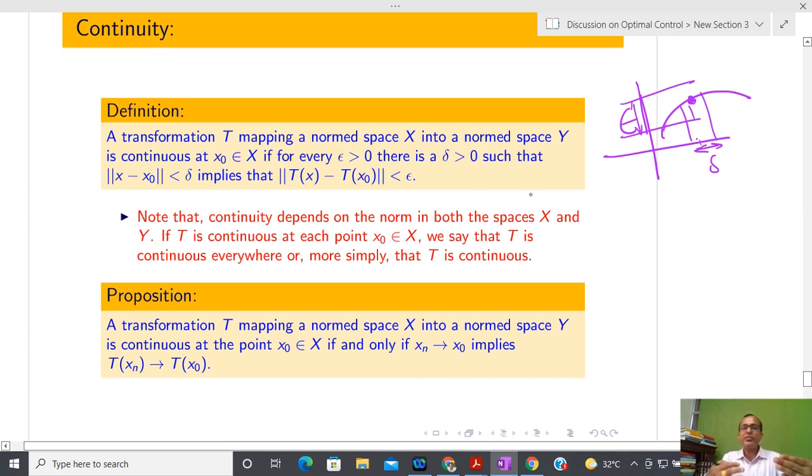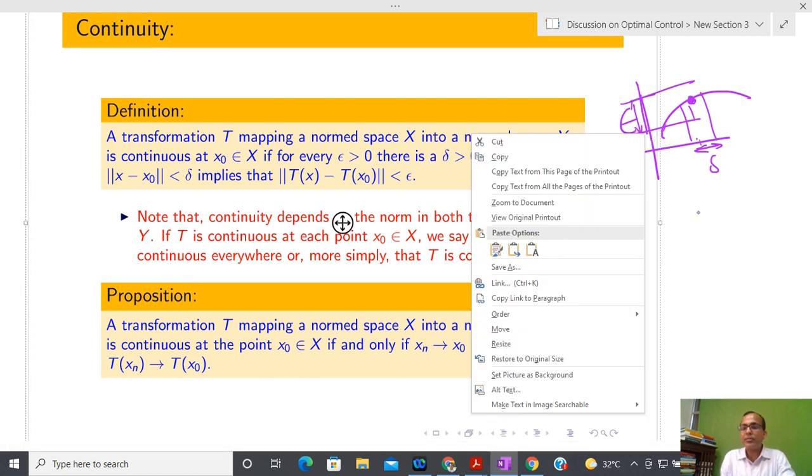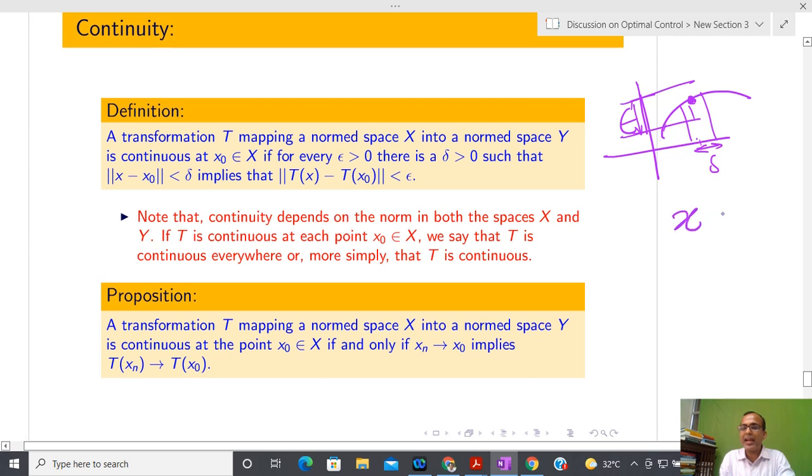Okay, so whenever we are defining the continuity, at that time again we are considering two different balls. One ball we are associated at this point. Suppose you have x and after that I have Tx, so Tx is the output. What we are going to do is stretch the Tx.